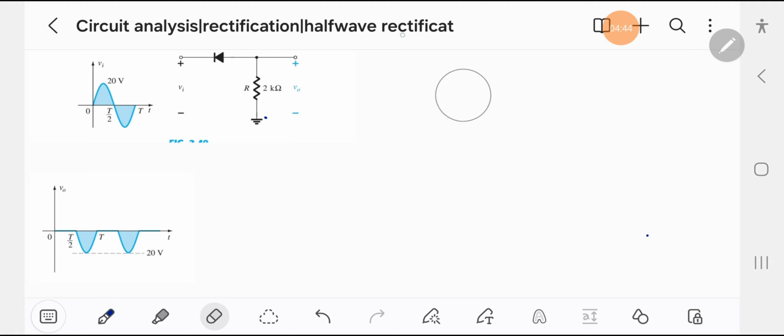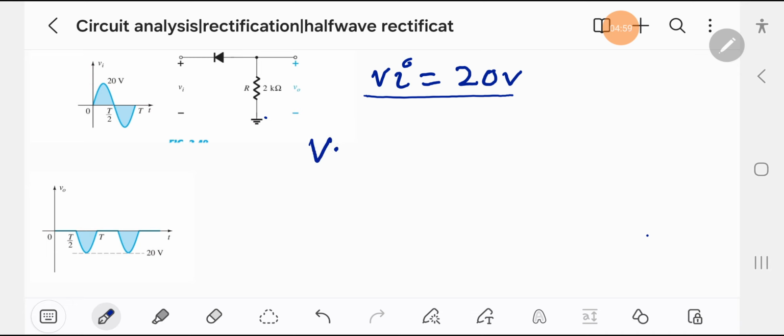Let's suppose we apply an input voltage of 20 volt, and to find the average DC value we use this formula.